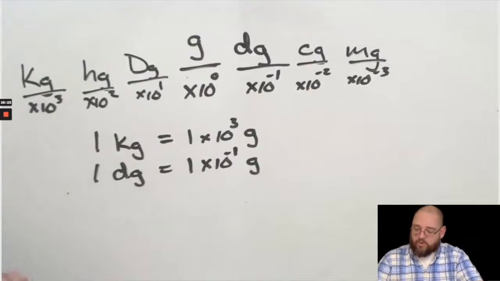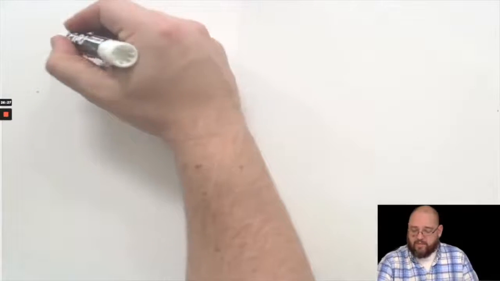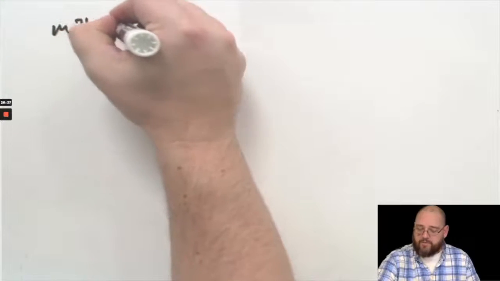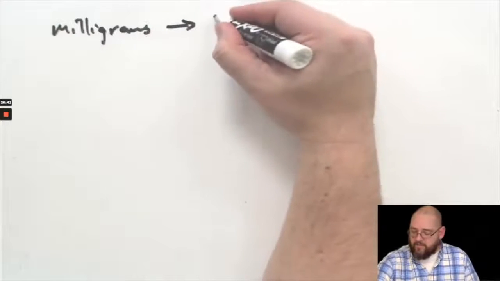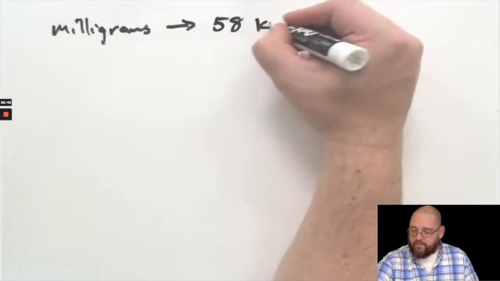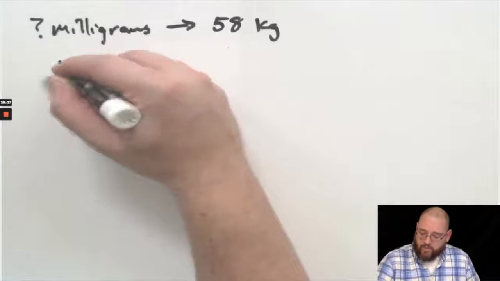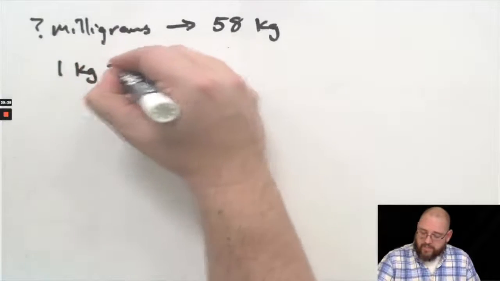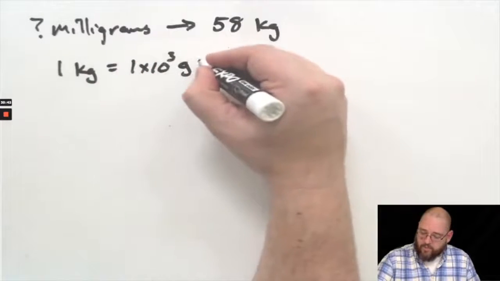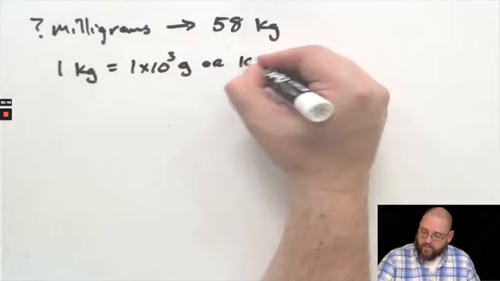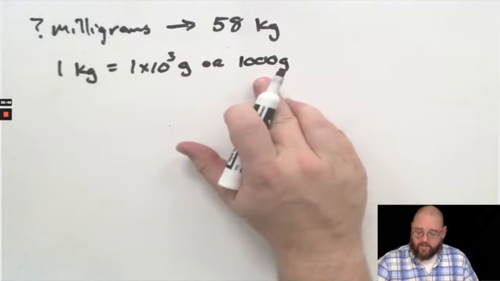So when we do our conversions, if I want to know how many milligrams are there in 58 kilograms? Well, first off, we know that 1 kilogram is 1 times 10 to the 3rd grams, or 1,000 grams.